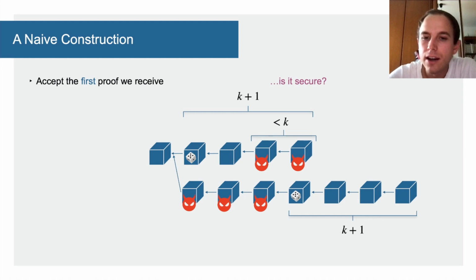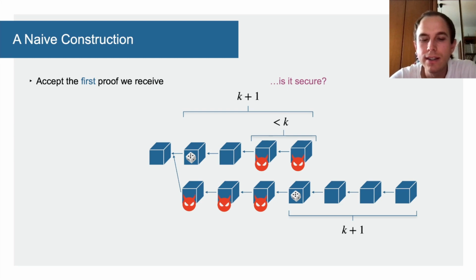Now the honest miners still need to mine k+1 blocks, because the randomness has not yet been included by the adversary. However, the adversary only needs to mine, in this case, 2 more blocks, because he's building on top of this chain that was already mined on by the honest users. So he needs to mine only these 2 blocks, where the honest users still need to mine these k+1 blocks.